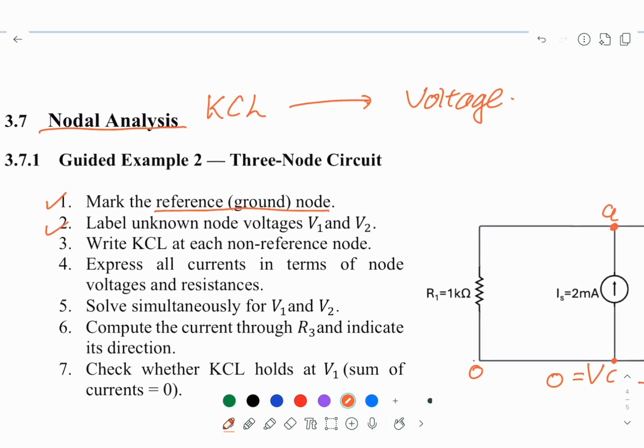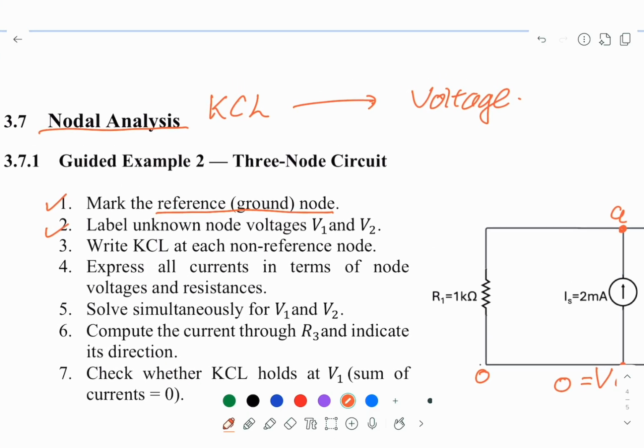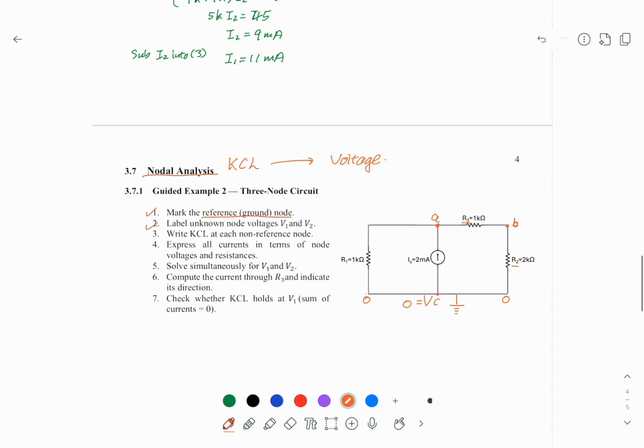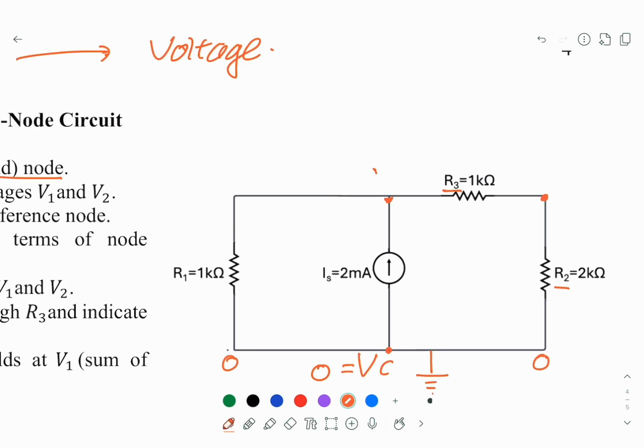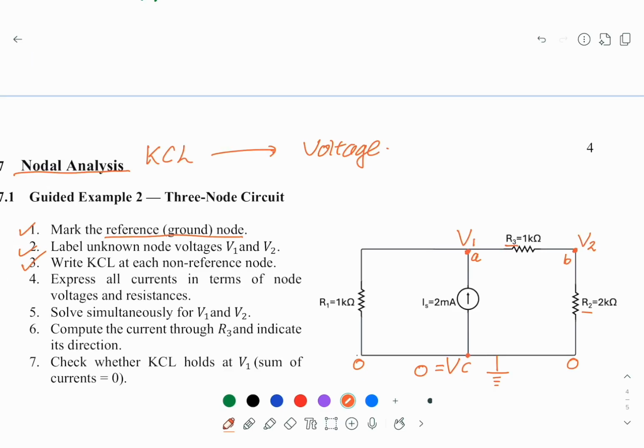Number 2, label unknown node voltages V1 and V2. Okay, so this is V1 and this is V2. I put it here, A, and this is B. Number 3, write the KCL at each non-reference node.